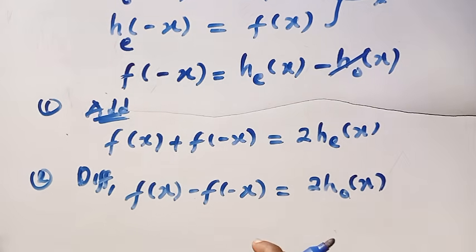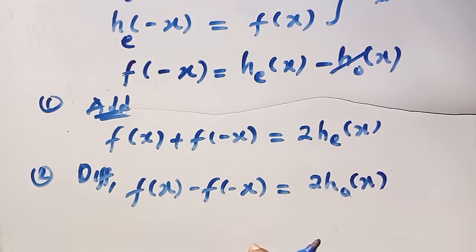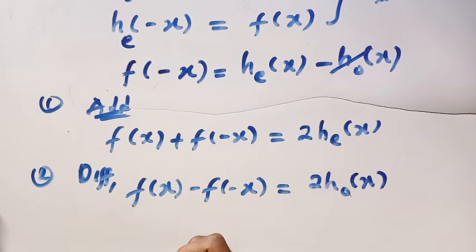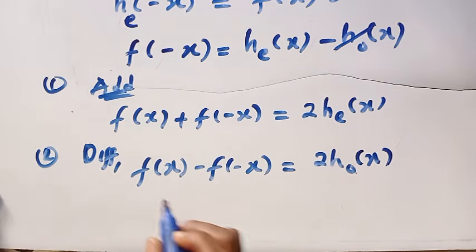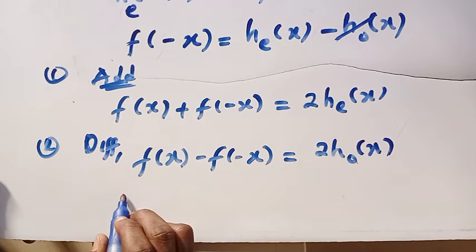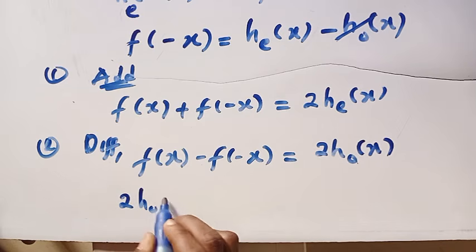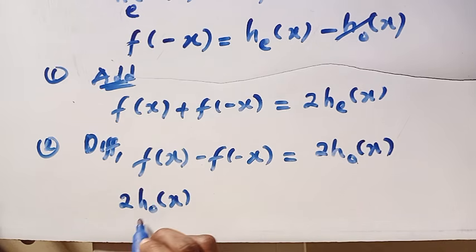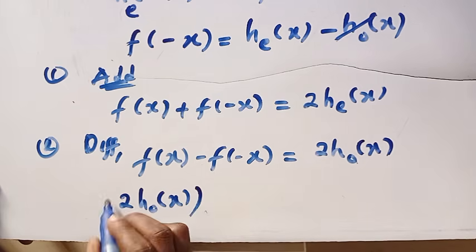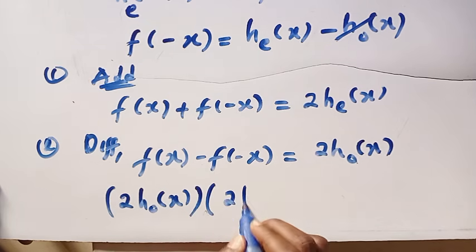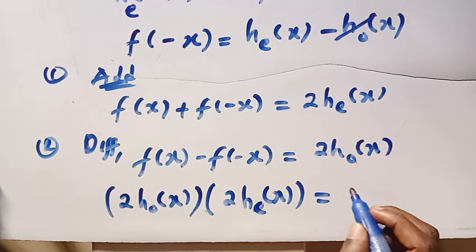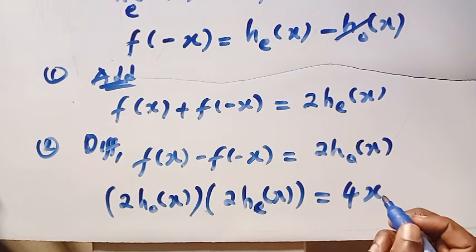So therefore, let's substitute this back into the difference of two squares that we have above. For the first factor, f(x) minus f(-x) gives us 2h_o(x), which is odd. Then multiplied by 2h_e(x), and everything equals 4x.